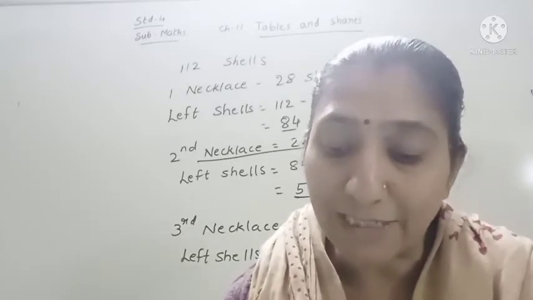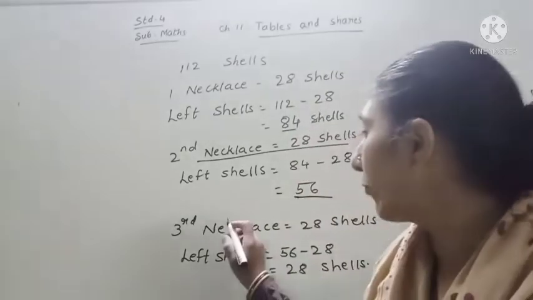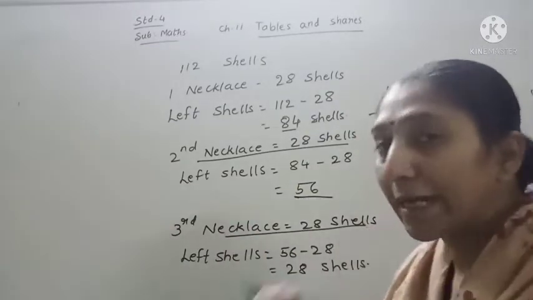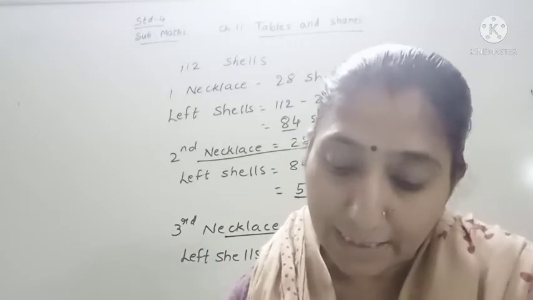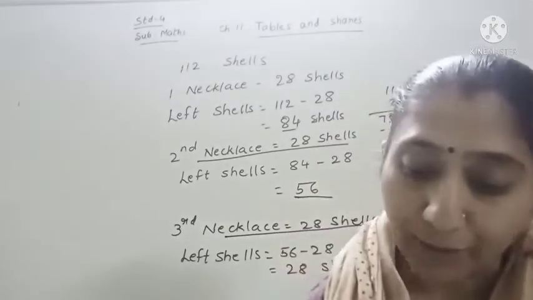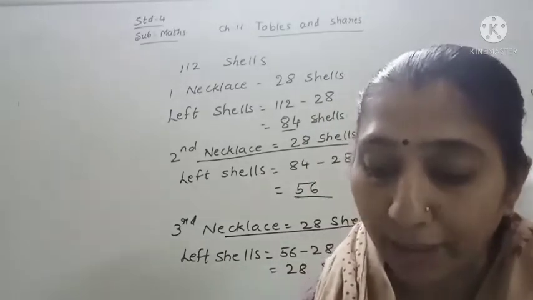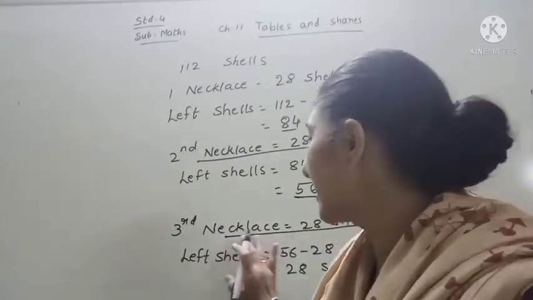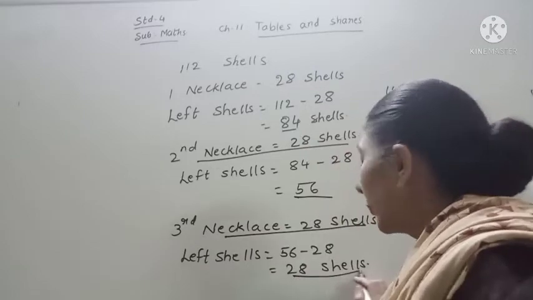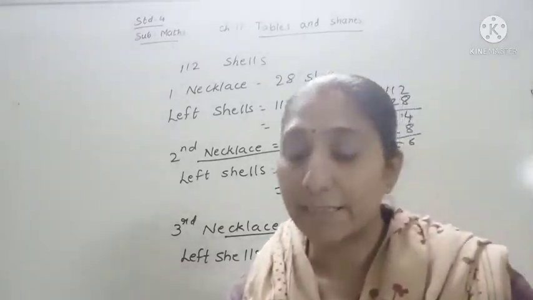Then for the third necklace, again 28 shells. So after making 3 necklaces, how many shells are left? 28 shells.